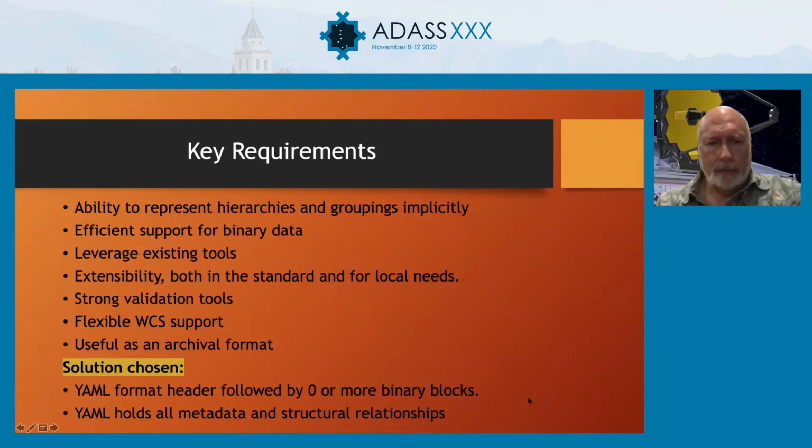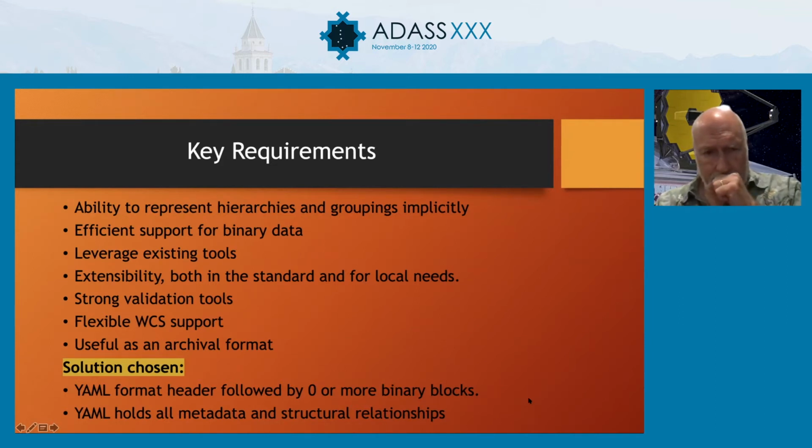And so that was yet another aspect. And of course, I mentioned before, being able to deal with complex WCS models was perhaps the biggest driver. And like FITS, we would like this to be an archival format also.